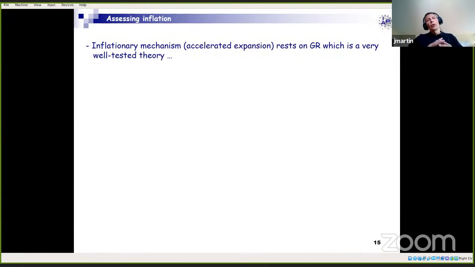So for the inflationary mechanism, the phase of accelerated expansion in the early universe, we all know that it rests on general relativity, which is a very well-tested theory. So it seems to be a very robust theory.